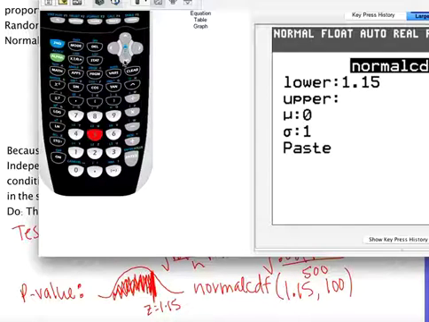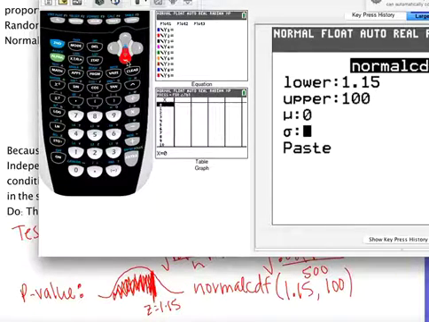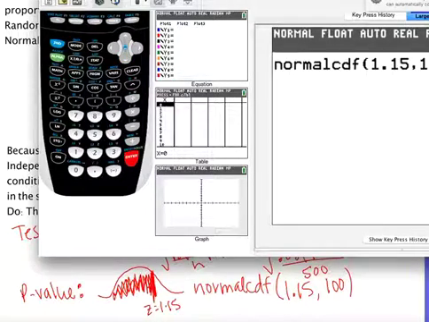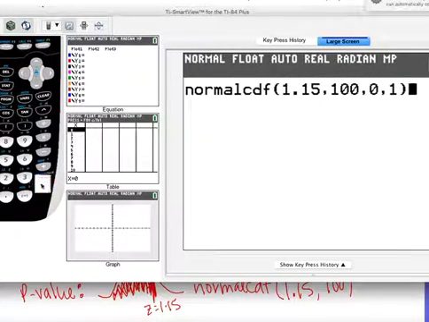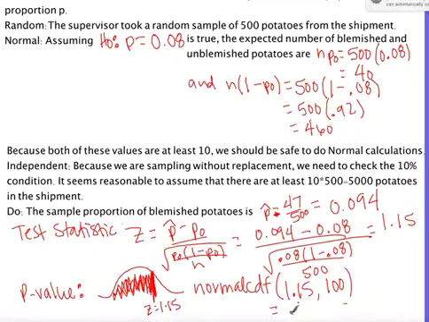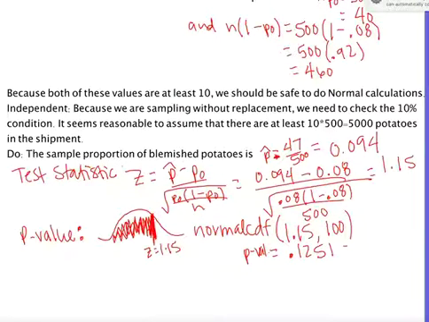Our upper bound, we'll let be 100. Our mean will stay 0, and our standard deviation will stay 1 because we're assuming that this is normal. And when we do that, we get 0.1251. So our p-value is 0.1251.